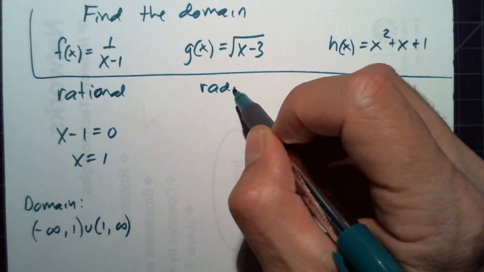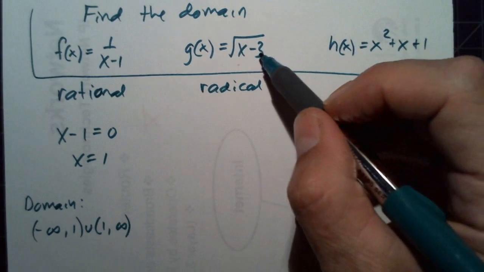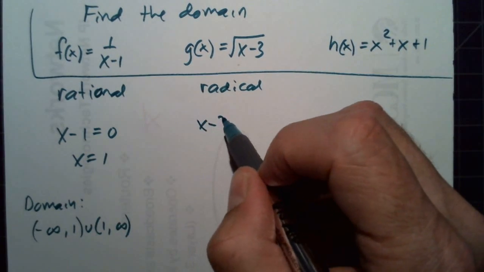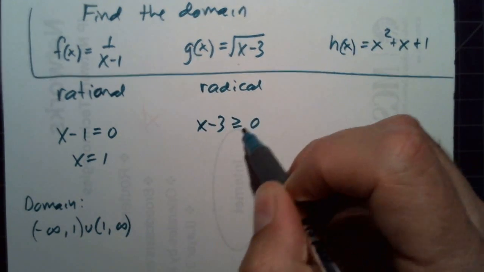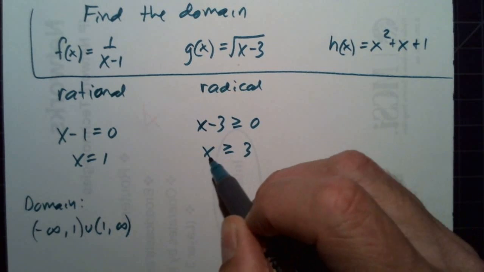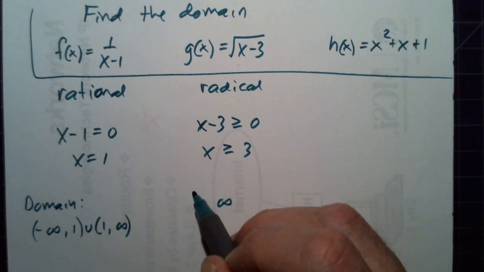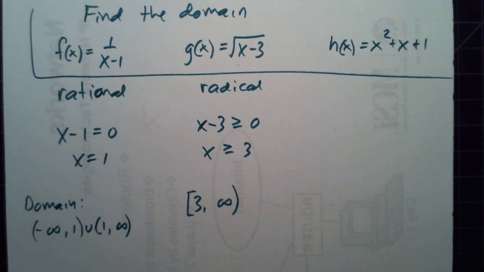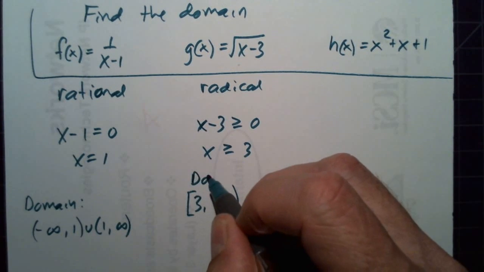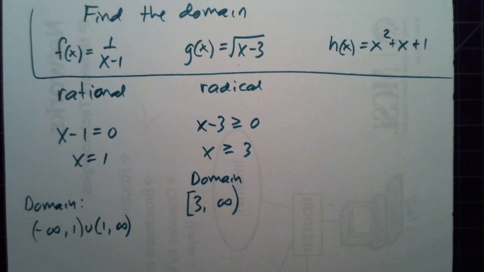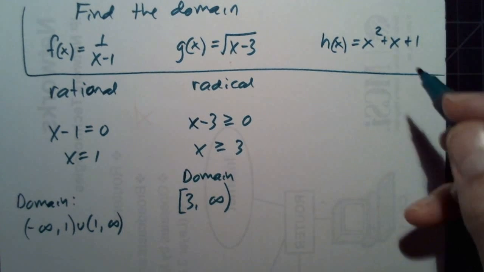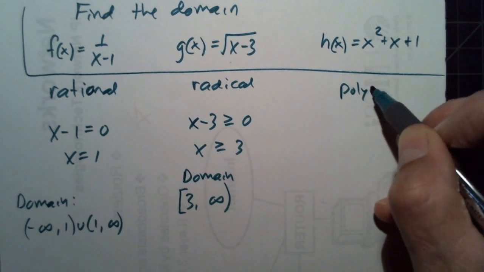This is radical. That means our strategy is we want the radicand to be greater than or equal to 0. So x is greater than or equal to 3, 3 to infinity, including 3 is the domain. And it's a polynomial.